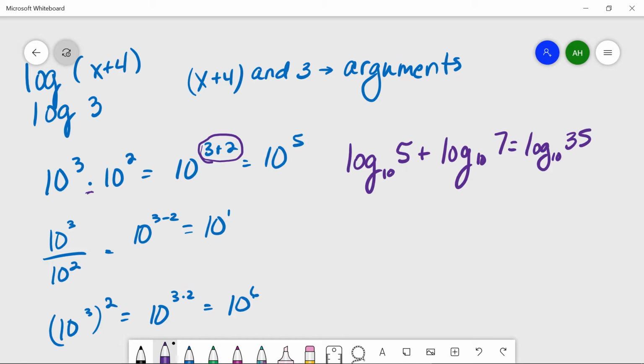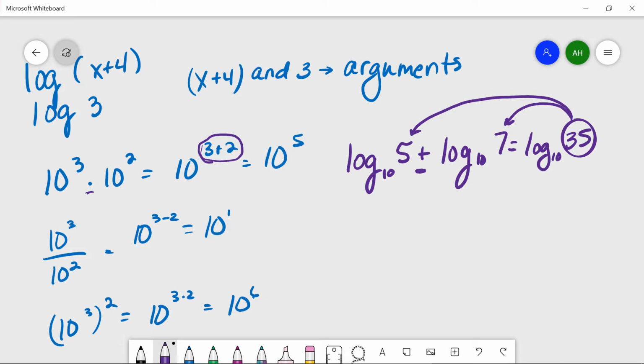So now over here, when I add my logs, I'm multiplying my arguments. All right, so you've got a similar sort of relationship there, that the addition goes with the multiplication, just like over there, the addition went with the multiplication.